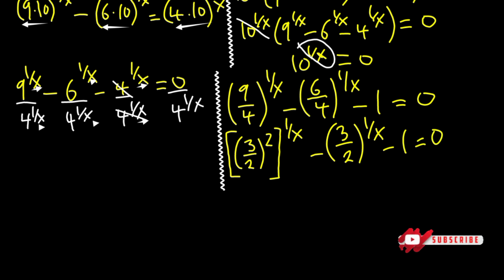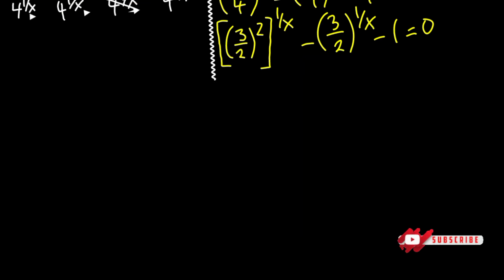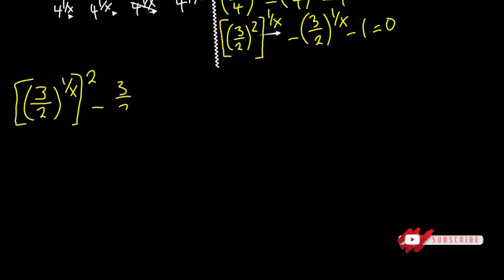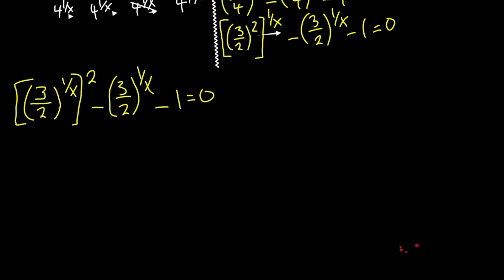Guys, we are not done here. We know so well that we can swap the position of these powers. 3 over 2 all to the power of 1 over x, then all squared, minus 3 over 2 all to the power of 1 over x minus 1 equals 0.